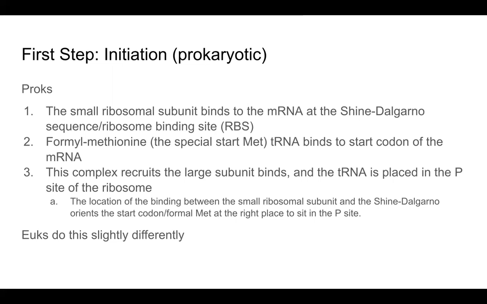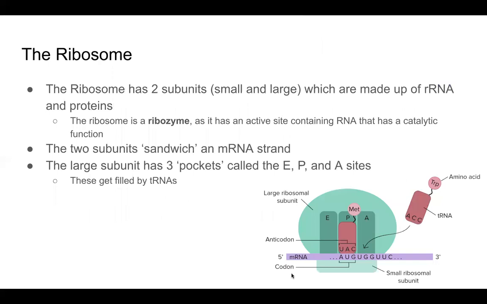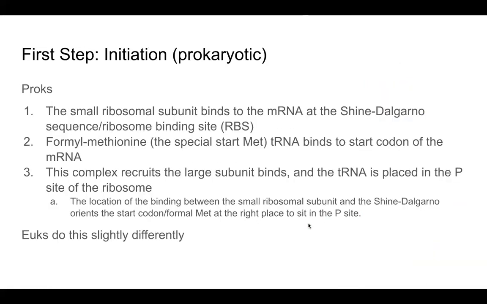So the order is a little different. For prokaryotes, it goes from bottom to top, the small subunit, then the tRNA, then the large, versus for eukaryotes, the small subunit and the tRNA meet outside of the mRNA, and then they attach to the mRNA at the 5', scroll along until it gets here, and then again, the large subunit comes in last. Yeah.